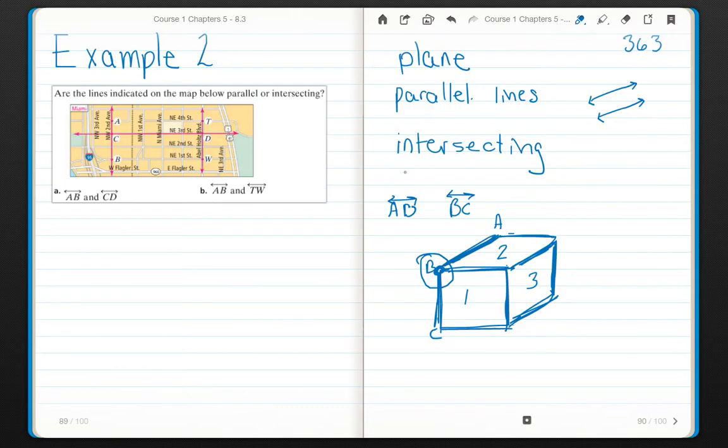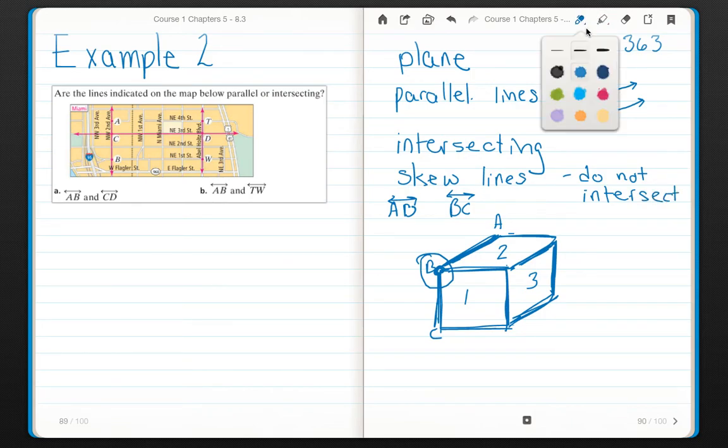Now the last one that can be a little confusing is called skew lines. And here's where that Kleenex box is going to come in handy. Skew lines are lines that are not parallel, but they don't intersect. They don't intersect because they lie in different planes.